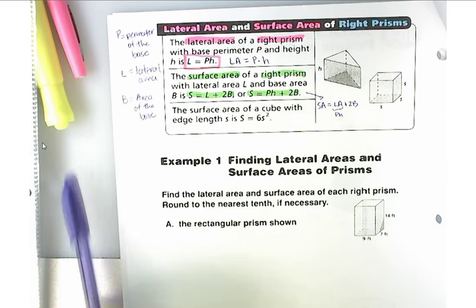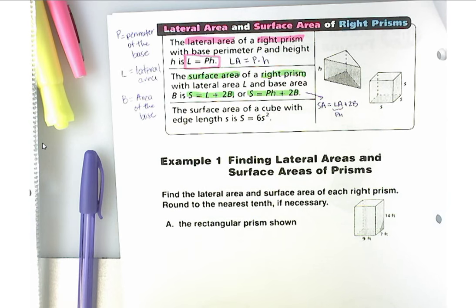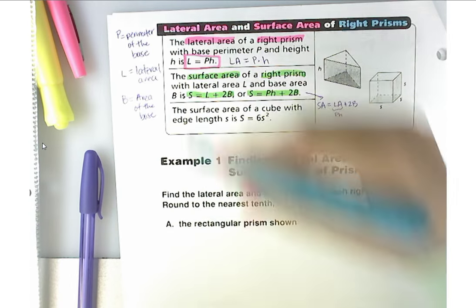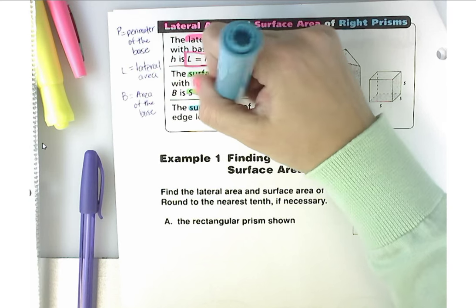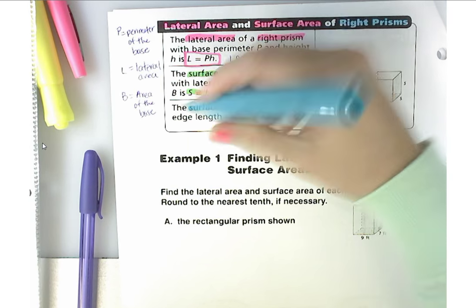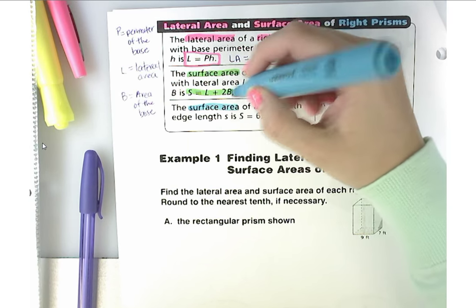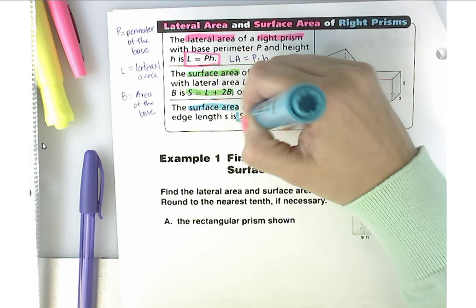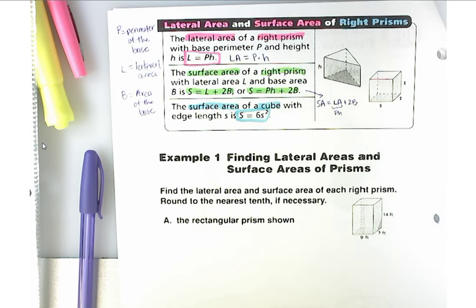And then the last one is the surface area of a cube. And the cube is special because the edge lengths are all the same. So if it is a cube, you can just do 6 times s squared.